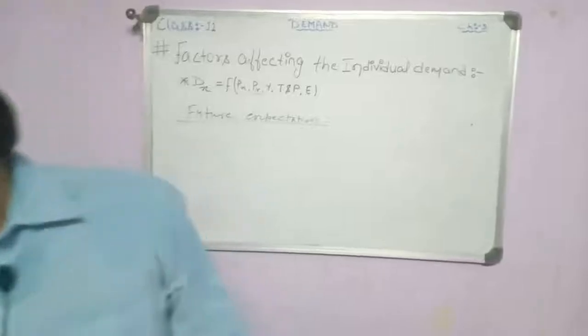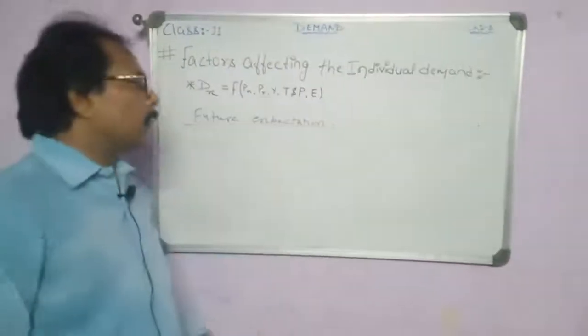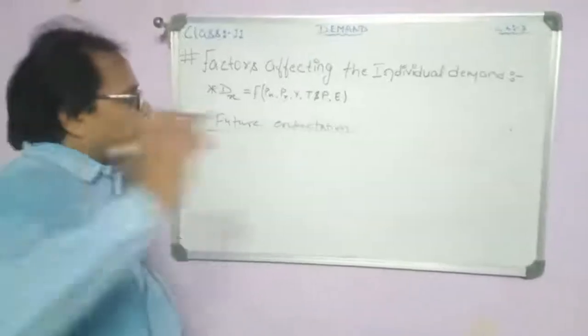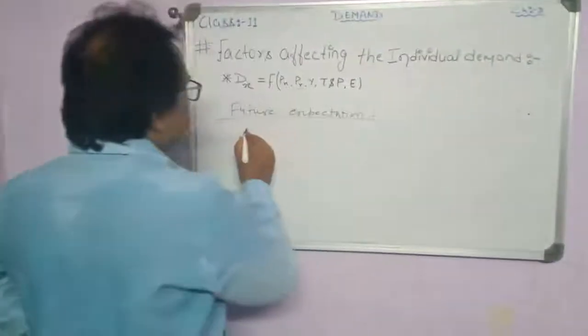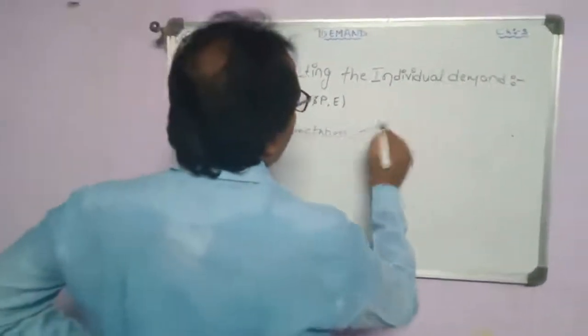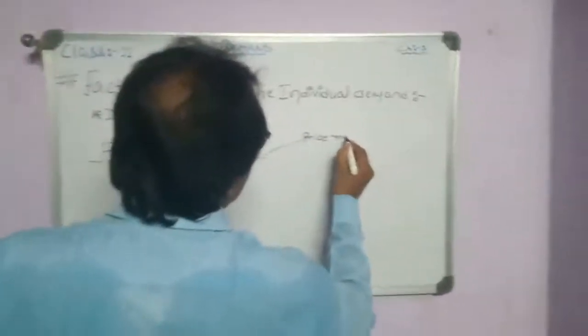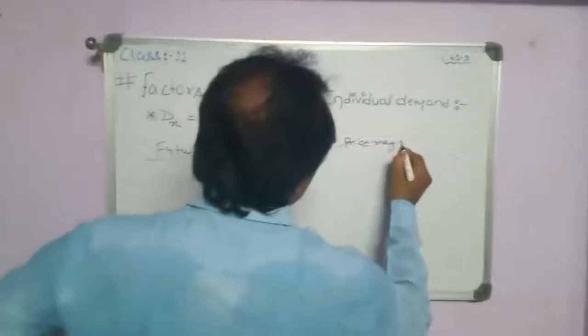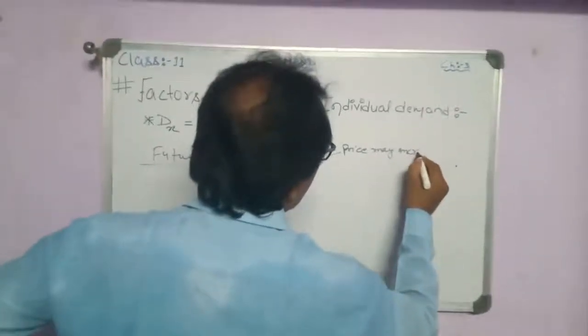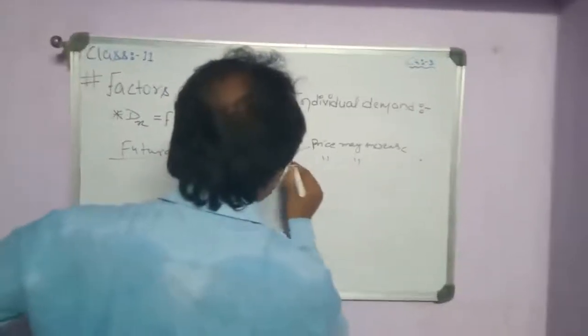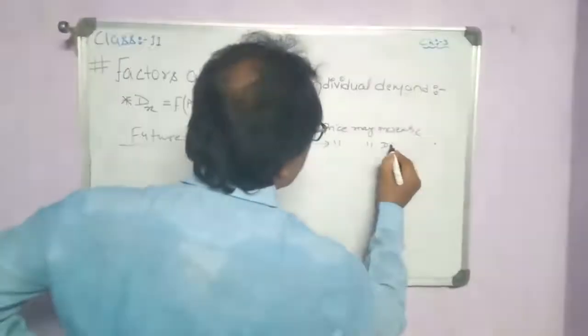So in that case basically news comes. So in that situation what we will find? The same thing. If price is future expectation, that is price may increase or price may decrease.